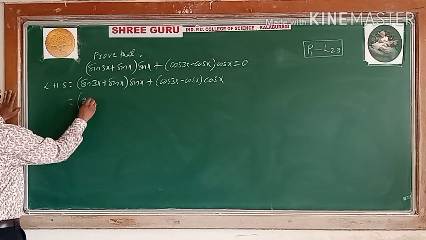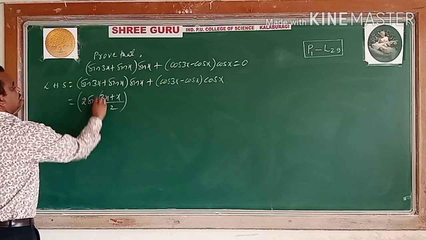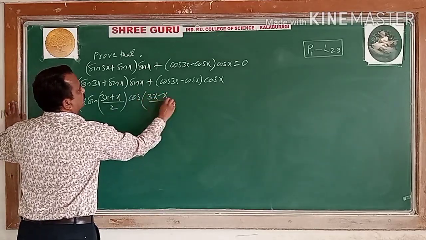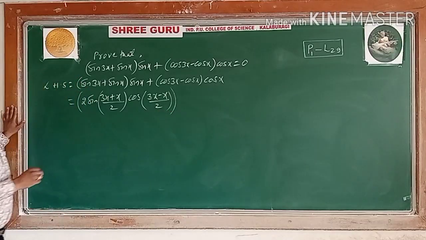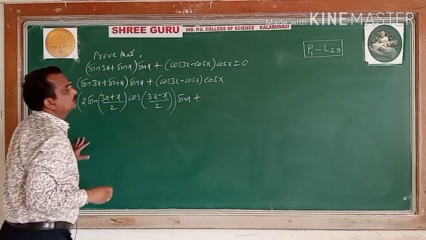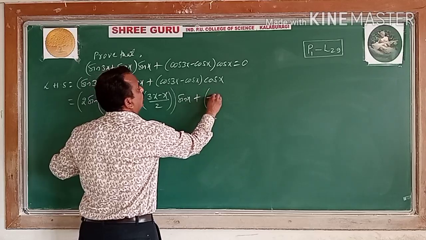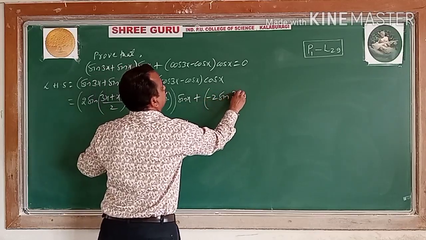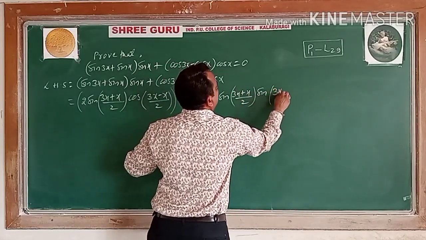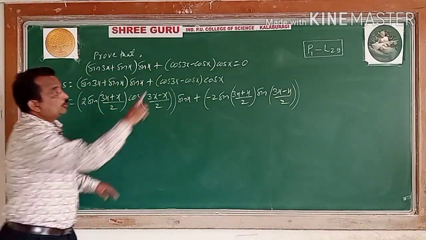Now let us see. First sin, then cos: sin C plus sin D is 2 sin of (C plus D) by 2 into cos of (C minus D) by 2, close the bracket, into sin x. Plus, this is also the same: cos C minus cos D is with a negative sign, minus 2 sin of (C plus D) by 2 into sin of (C minus D) by 2, into cos x.